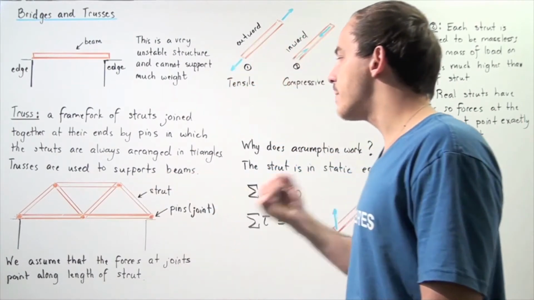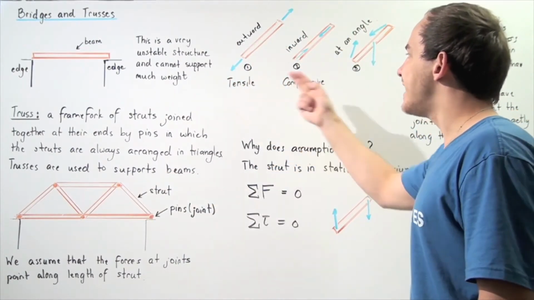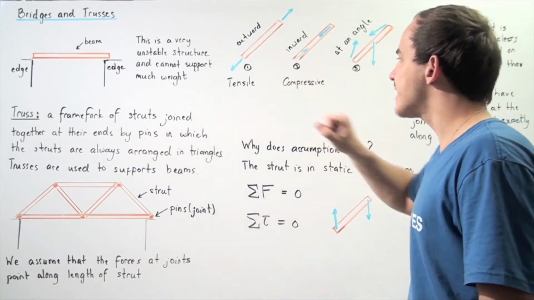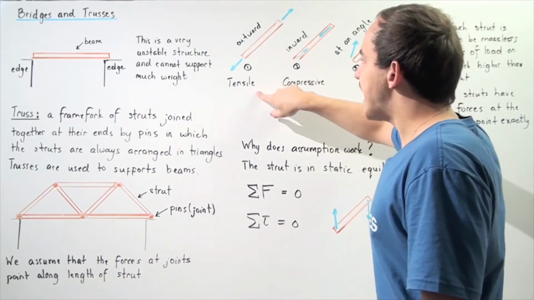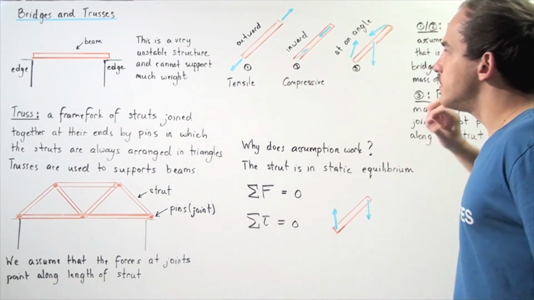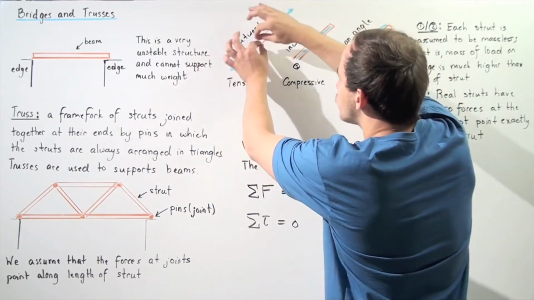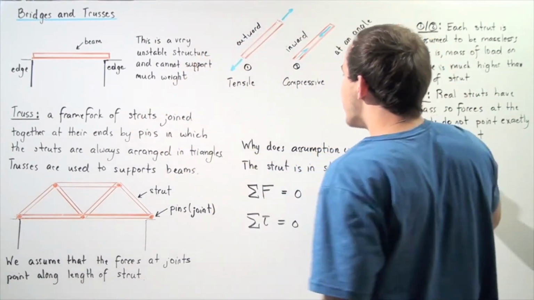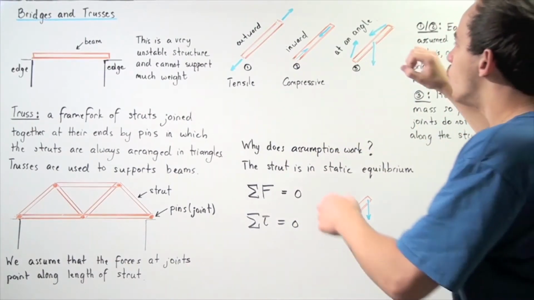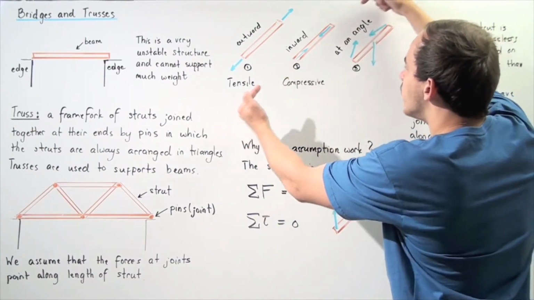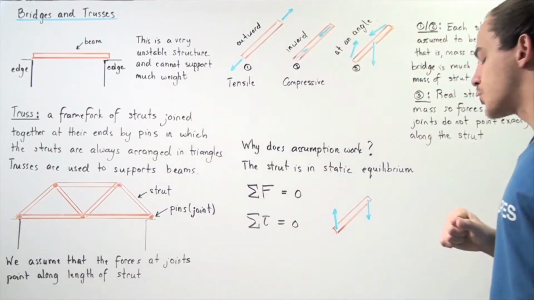And if we neglect the mass of the truss, there are two types of forces that can act on our strut: tensile forces and compressive forces. Tensile forces act along the length of the rod and point outward. Compressive forces act along the rod and point inward into our strut.